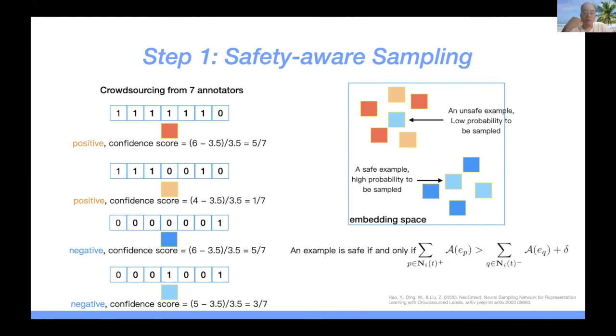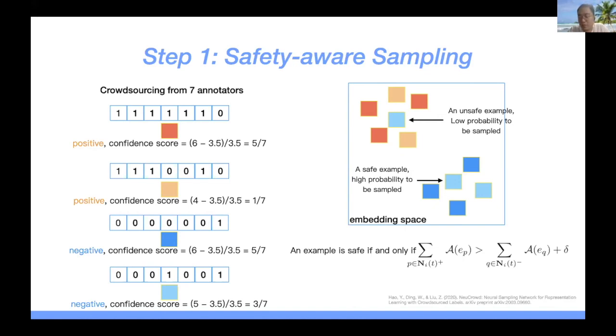And how do we decide if an example is safe? We need to go to the latent space. The idea is that for any example in the latent space, we want to look at its neighbors. If the majority of the neighbors have a class label different from the example studied, we think this one is an unsafe one.